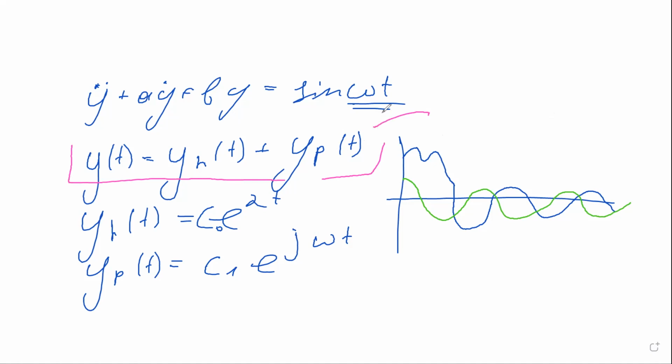This part that contains response to the input, and this part that doesn't. And if we want to analyze how a system responds to an input, we don't need to care about this part. Like, as long as what we care about is how the system responds to the input, we don't need homogeneous solution. That's the key idea.